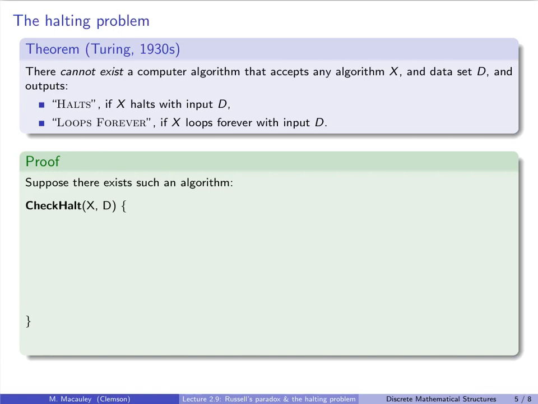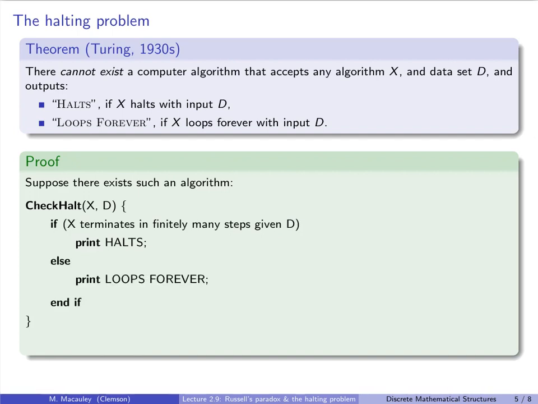And we'll call it check halt, and it takes as an input the program X and the input data D. If X terminates in finitely many steps given D, then this program must print the word halts. Otherwise, it prints loops forever, and that's it.